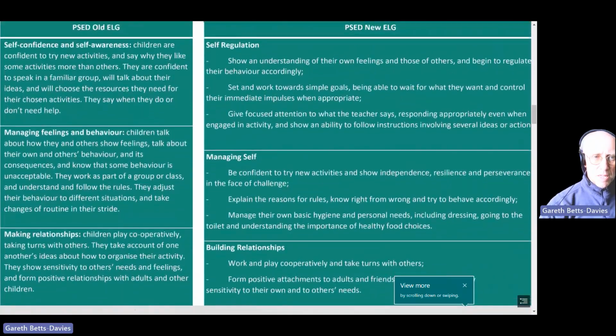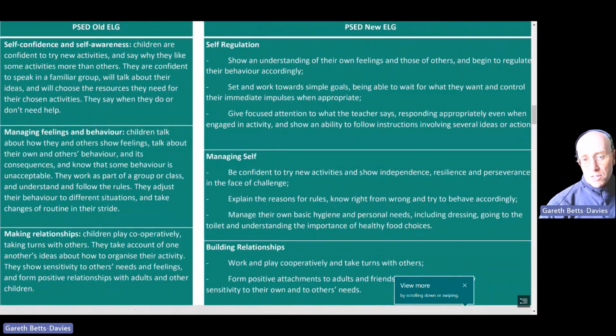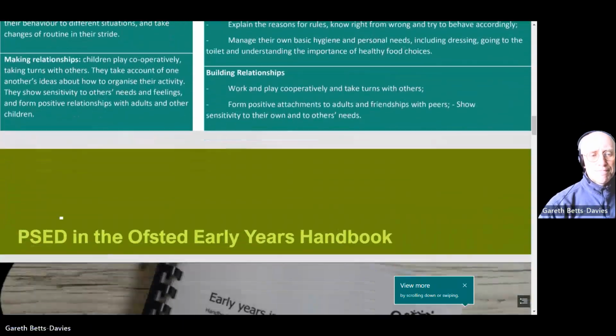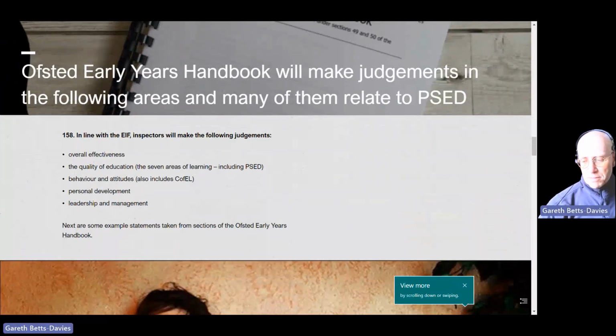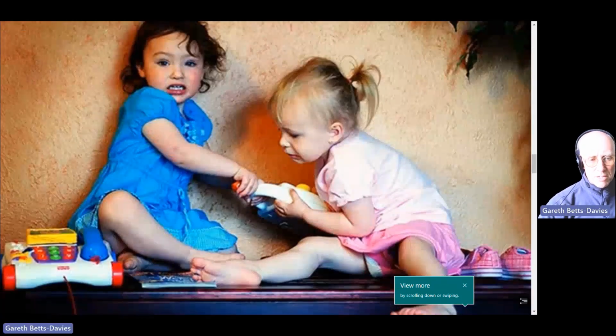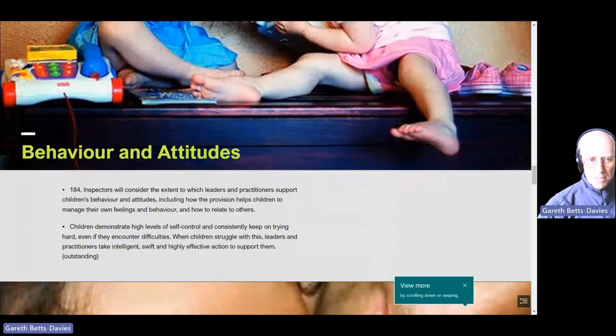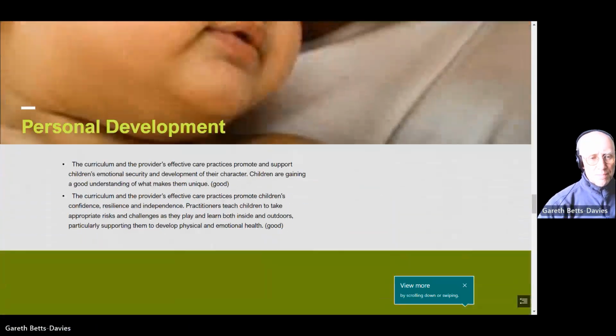Obviously within this one, PSED, you can see some quite significant changes to the early learning goals. Then we can think about other things that surround the changes. In this one, it's looking at how Ofsted might be viewing things in a bit more detail.